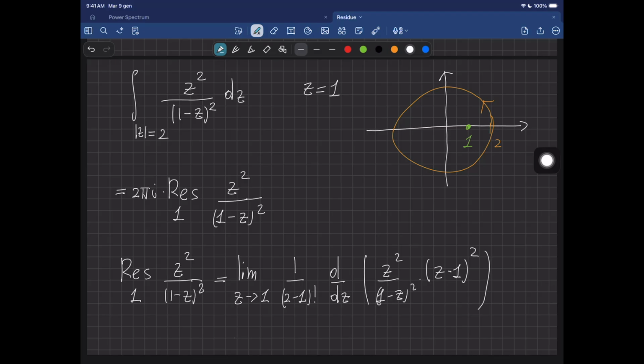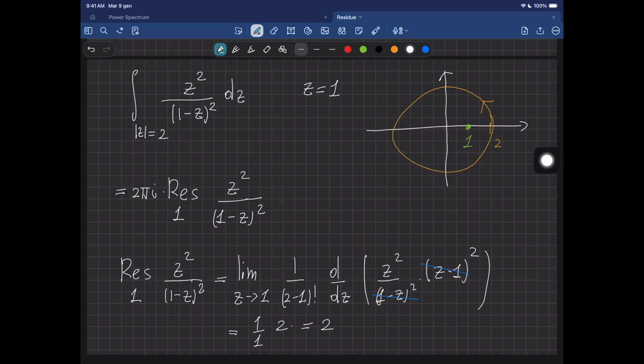Okay, this means that in this case it's going to be equal to what? Well, (z − 1) and (z − 1) simplify because I have a square, so this square goes away. And now the first derivative of z² is going to be just 2z, and when I take the limit as z goes to 1, I'm going to get 1 over 1 factorial, which is 1, times 2 times z evaluated at 1, which is 1, so this is just 2.